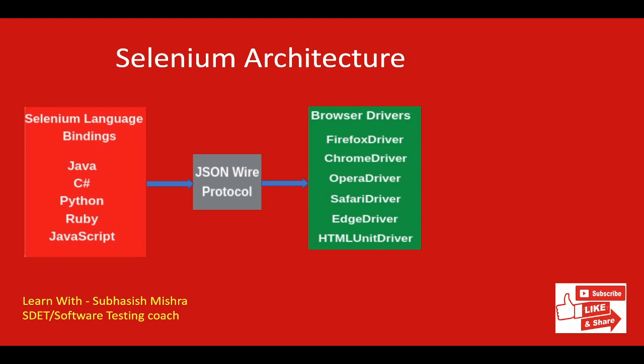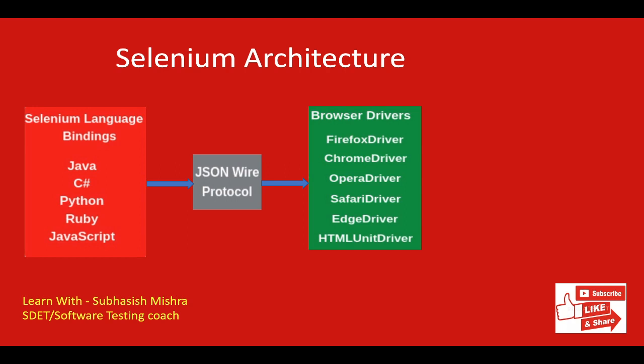Now we see we have a browser driver. So what are these browser drivers? These are very specific to our browsers. Each browser contains a separate browser driver. If you are using the Chrome browser, you need to use ChromeDriver.